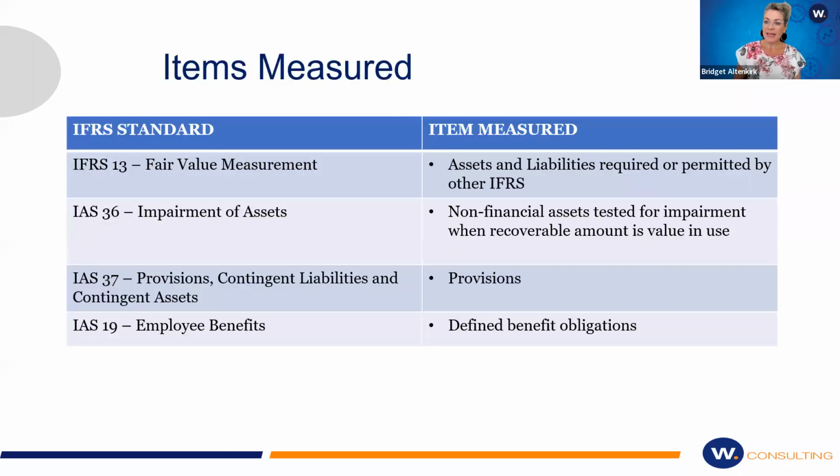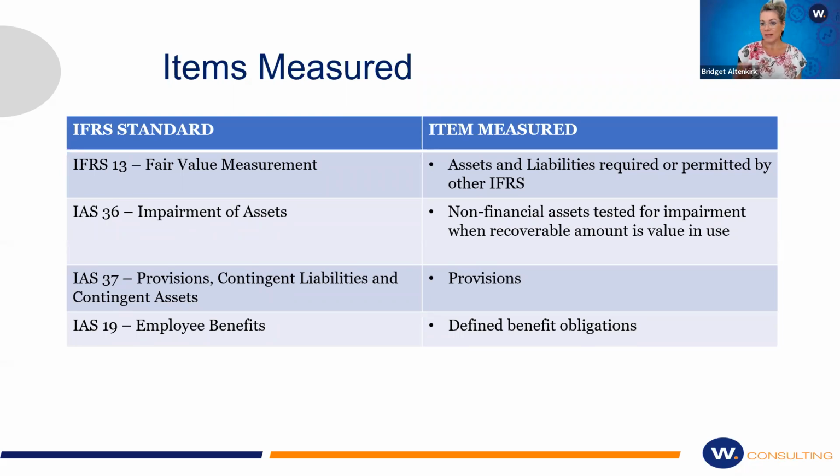In the next couple of slides, I'm highlighting the differences that the board picked up. Unfortunately, at this stage, we don't have an answer as to what they are planning to do with these differences. It was potentially going to form part of a future project, or an educational document which they may issue.